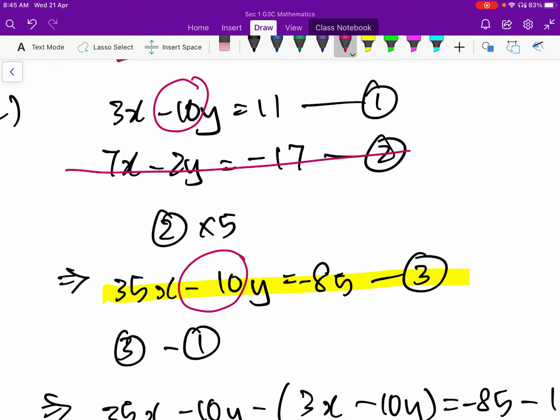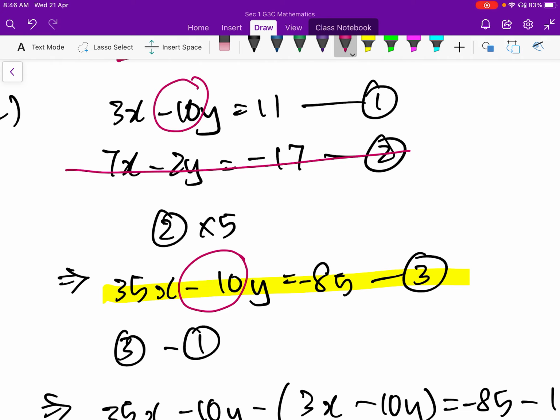Okay, so we subtract equation 3 minus equation 1, or equation 1 minus equation 3, doesn't matter. Now if the coefficients happen to be negative 10 and 10, so one positive, one negative, how do you eliminate? Negative and positive, you add them together, they disappear.